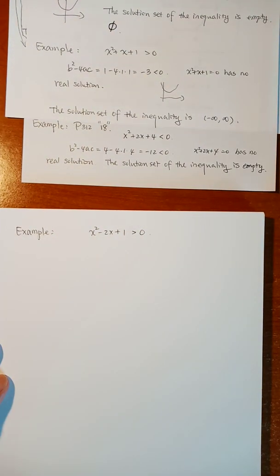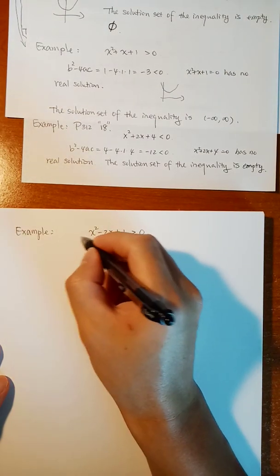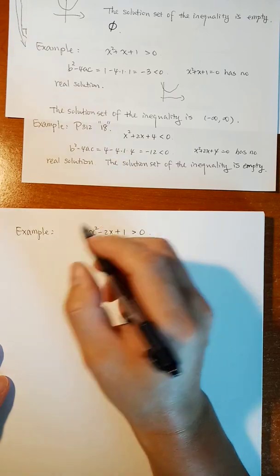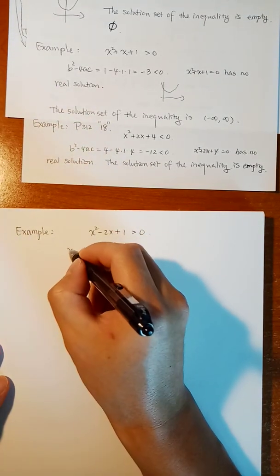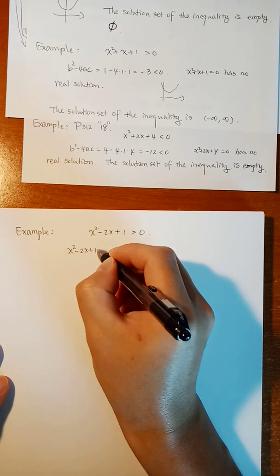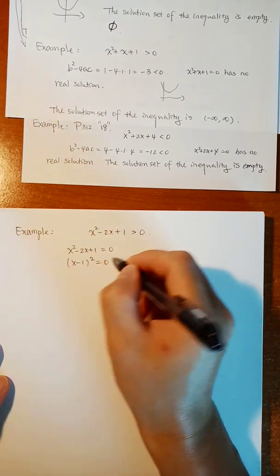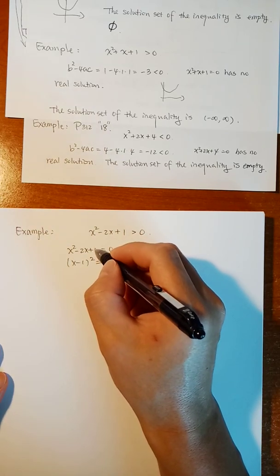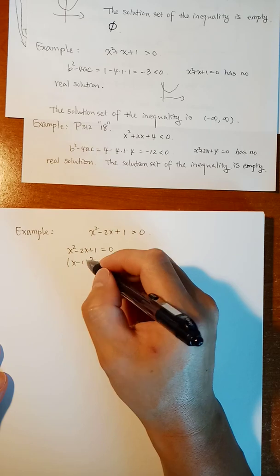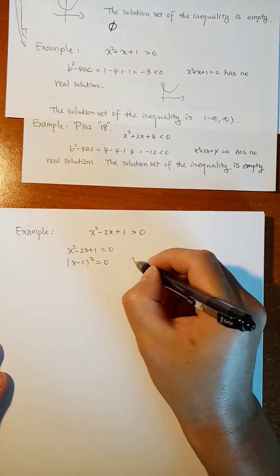Remember the leading coefficient is positive, so it's okay. Then we try to factor it. You will see that it's exactly (x minus 1) squared. You consider 1 as negative 1 times negative 1, and negative 1 plus negative 1 is negative 2. Then you will get one solution.